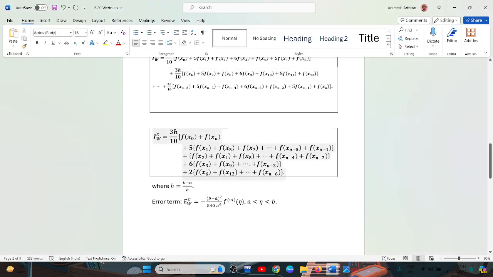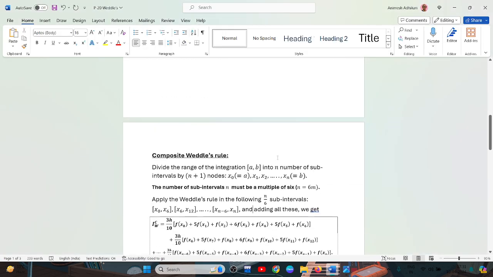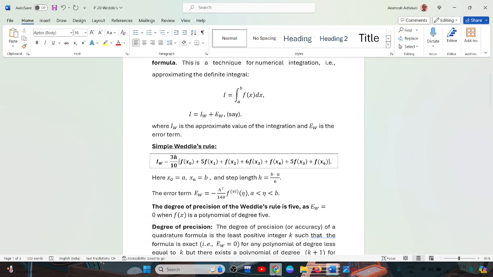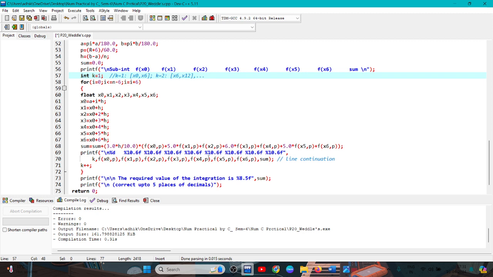This is the simple Weddle's rule within the interval x0 to x6. And for printf formatting, we use percentage 10.6f, meaning total number of places 10, and for decimal places we reserve 6 places, for this sum equal to the integration value.